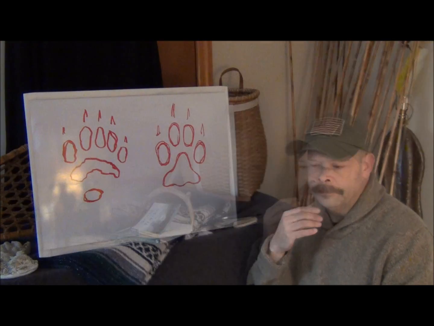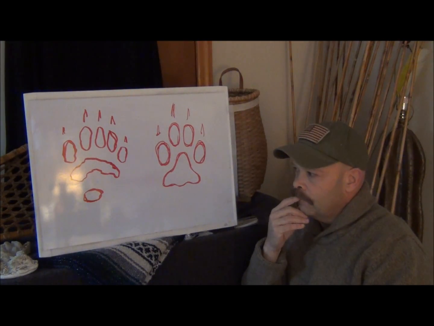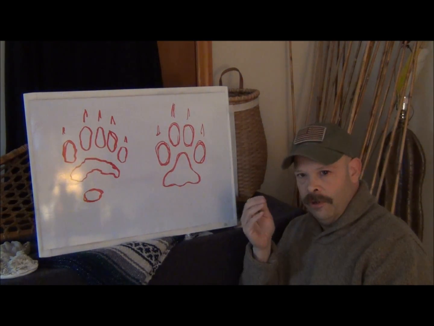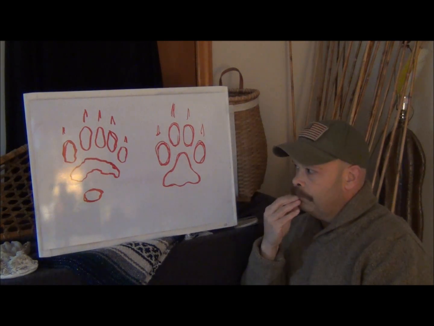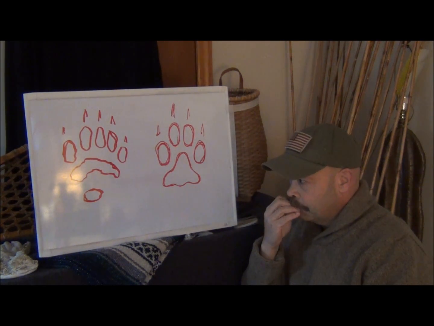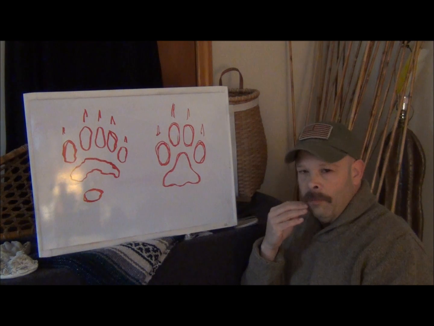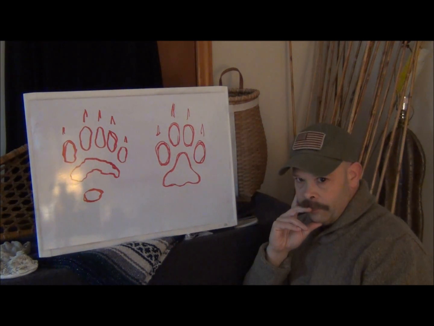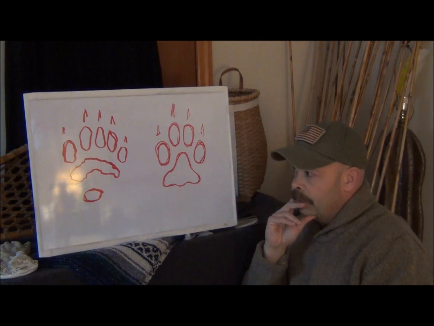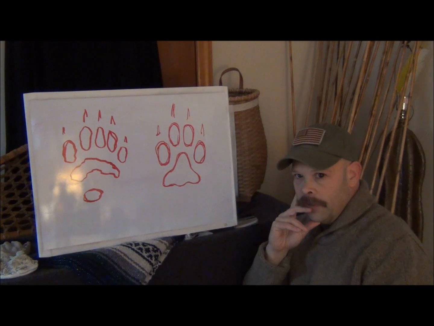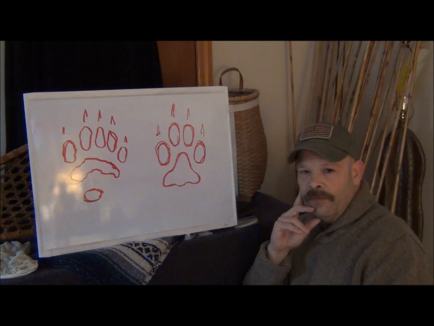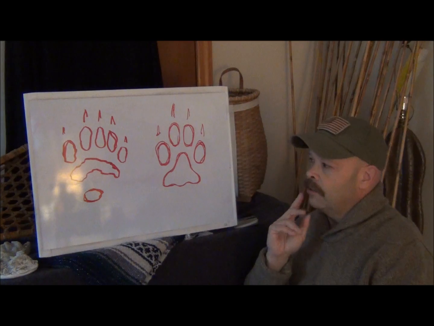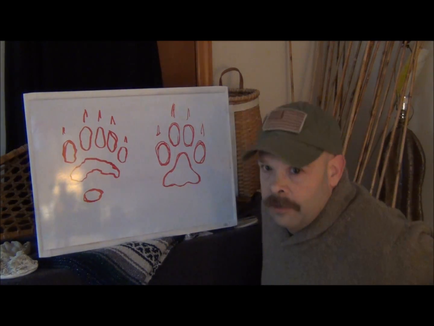Let's go on into anatomy right now, and we'll discuss that. When we start talking about the anatomy of the footprint, or the nomenclature of the footprint, we need to know a few things. All mammals, including humans, have their toes numbered from 1 to 5, starting on the inside of the track.